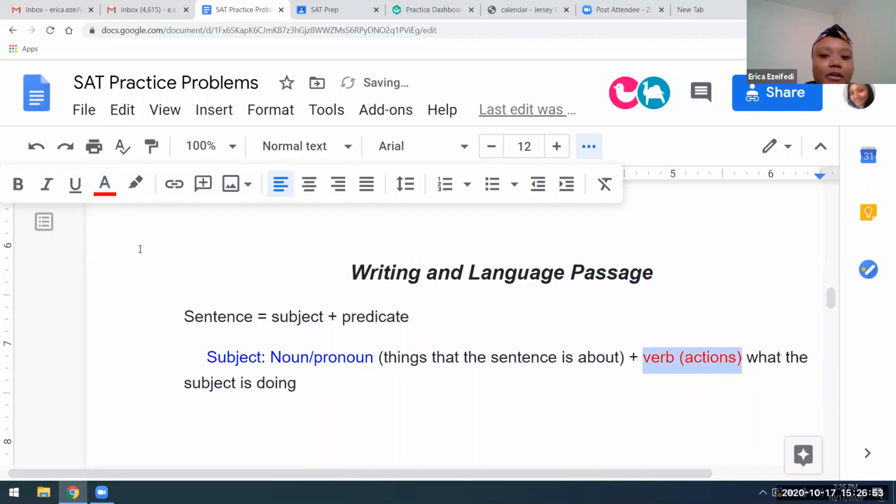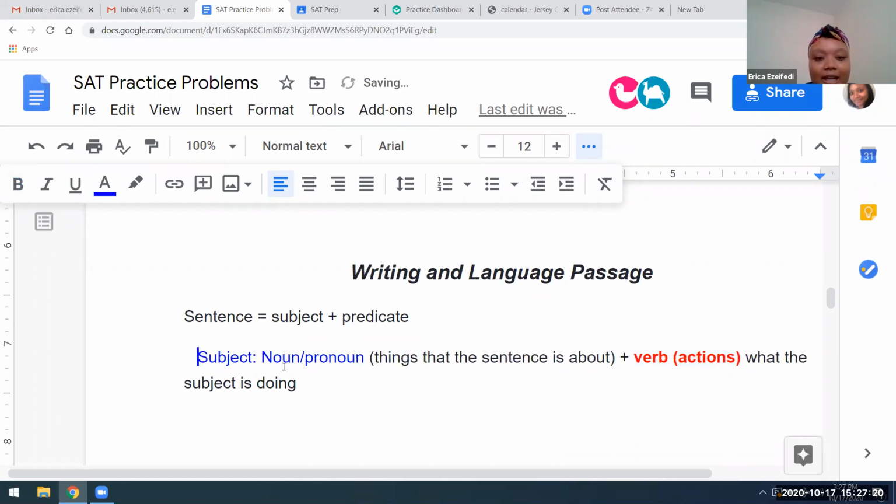But if you're ever confused about a grammar question, you can just look at the sentence and remind yourself what the subject actually is, and make sure that your verb phrase, your predicate, and your prepositions and everything match the either singularity or plurality of your subject.